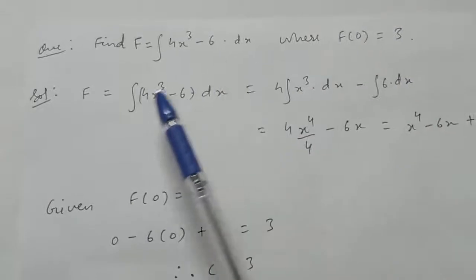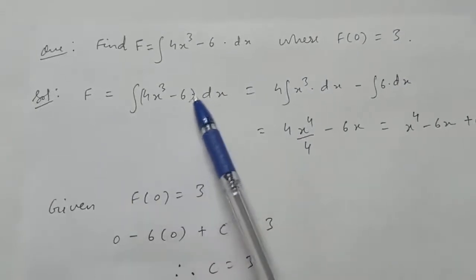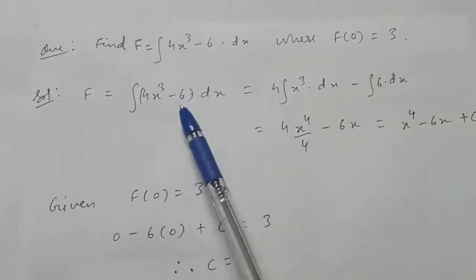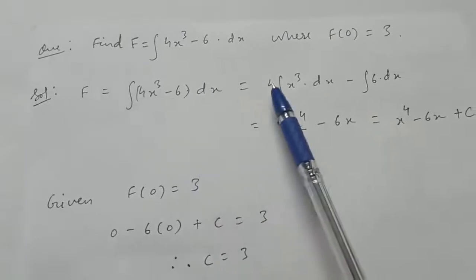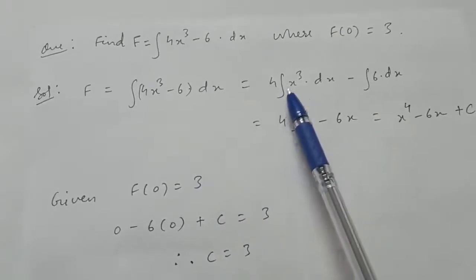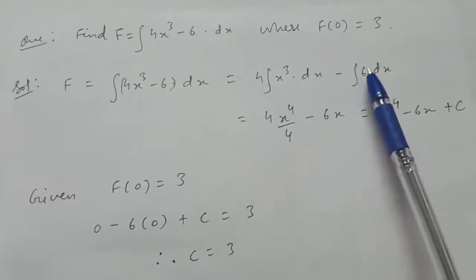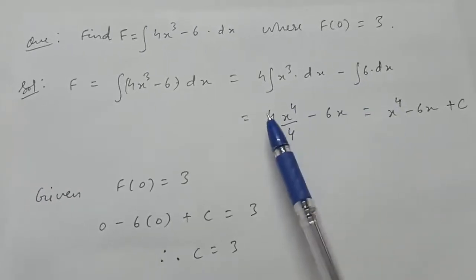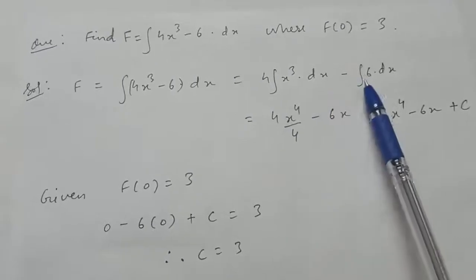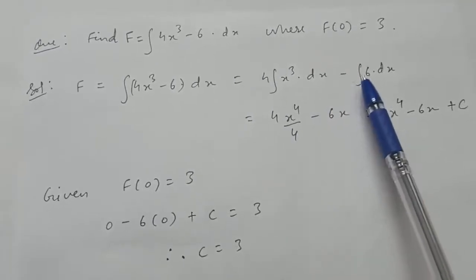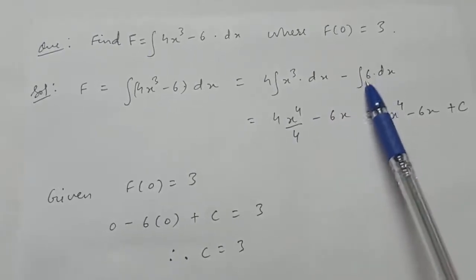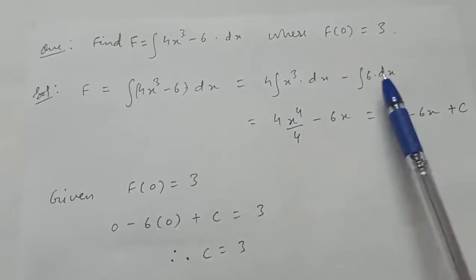Now see, F is the integral of 4x cube minus 6. This integral can be written as 4 into the integral of x cube minus the integral of 6. Now 4, or you can take 6 also common outside the integral, and here it can be 1 into dx, right?